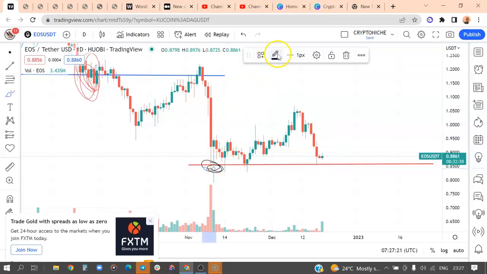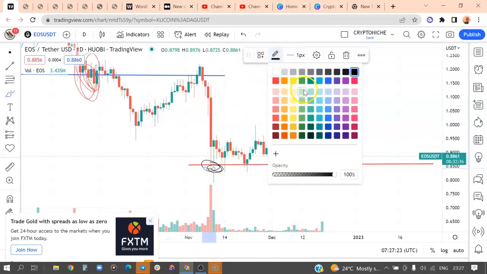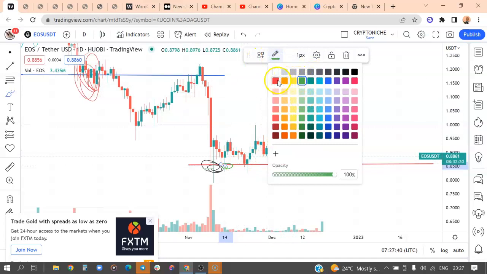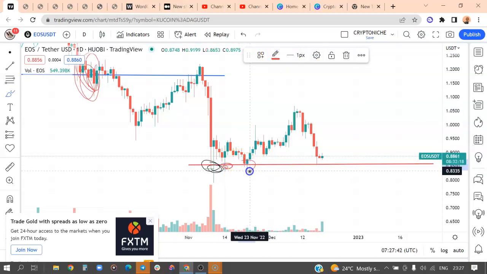Also, let me switch this to green. It was tested here also, as you can see. Also, it was tested at this point. Let me switch this to red. It was tested at this point.